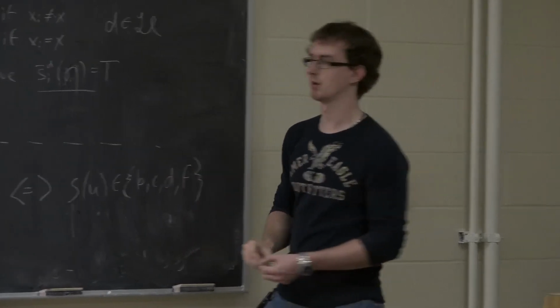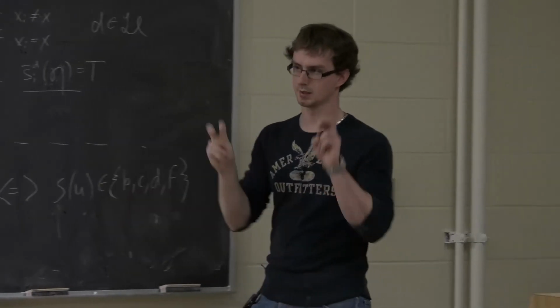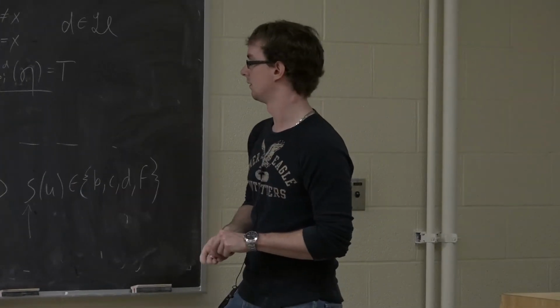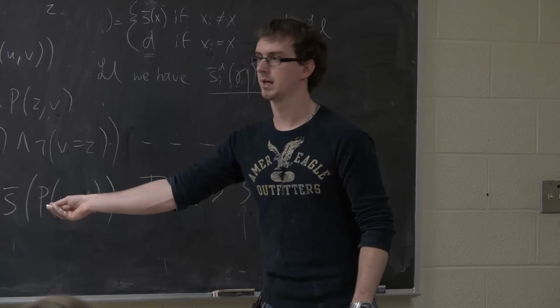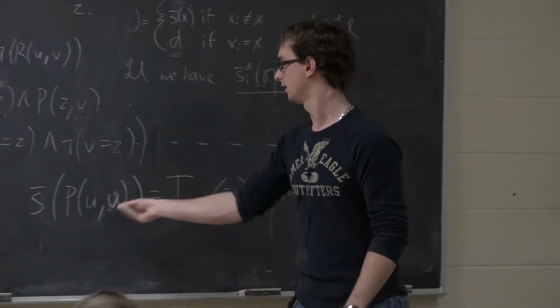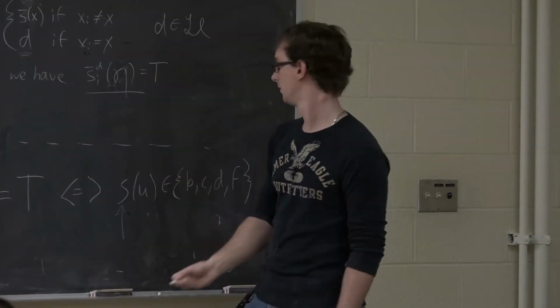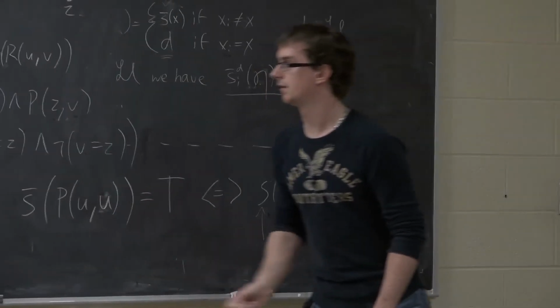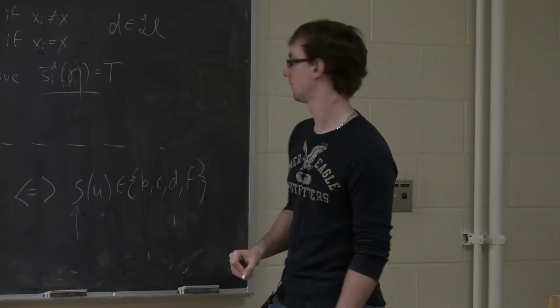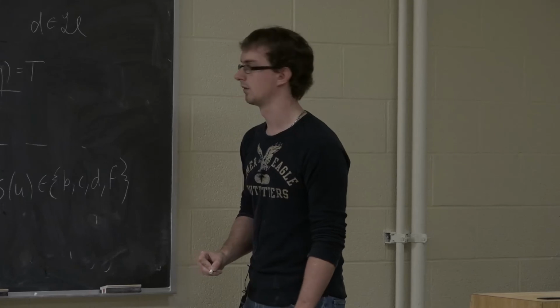In other words, these are the possible truth assignments that will, when extended to S bar, evaluate our well-formed formula to be true, because those are the ones that have some path from U back to themselves.